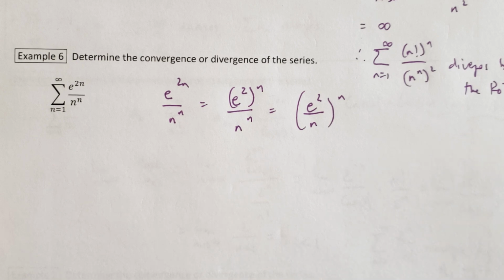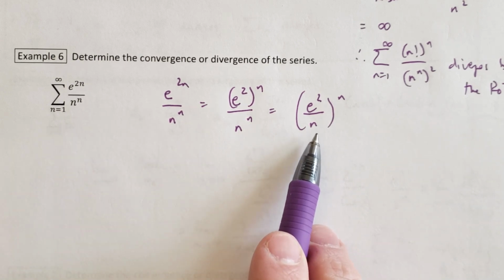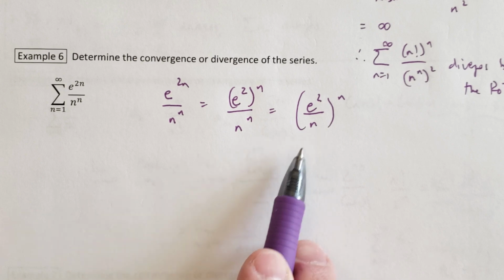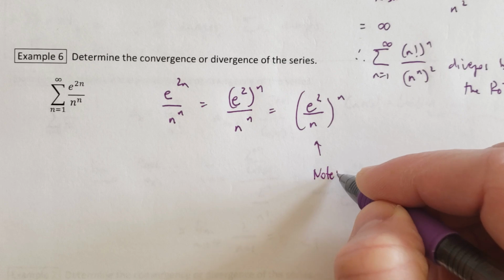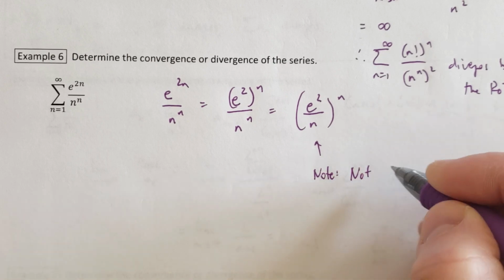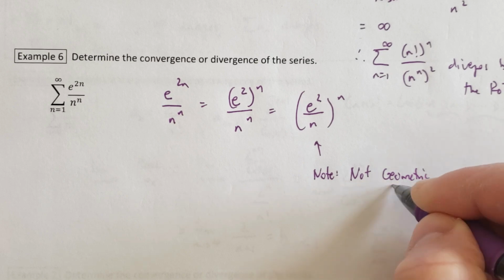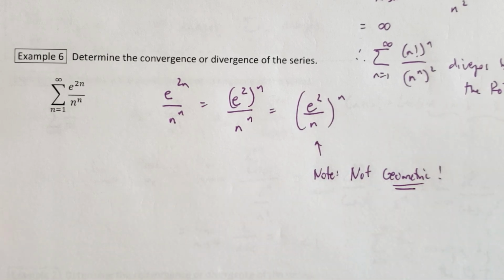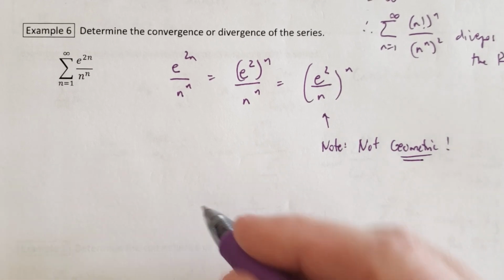Notice this is not geometric, because it is not a common ratio. It changes. It depends on n. Now, of course, we're practicing the root test, but on the exam, you're not going to be told which test to use. So this one might be tempting to think is geometric, but it is not.